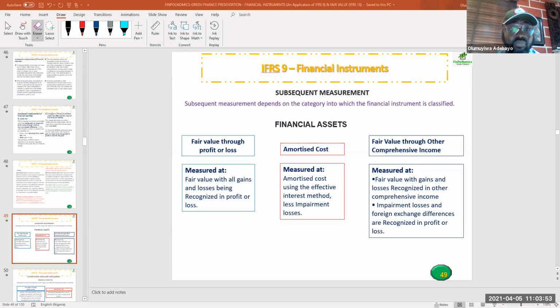For financial assets, I'll create a table. We've dealt with initial recognition.